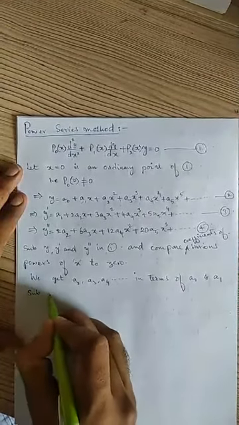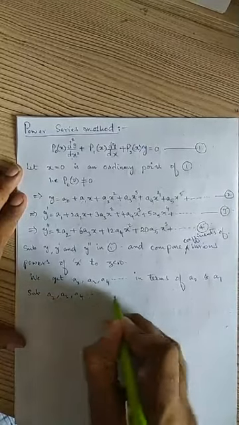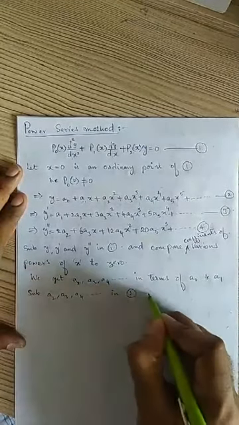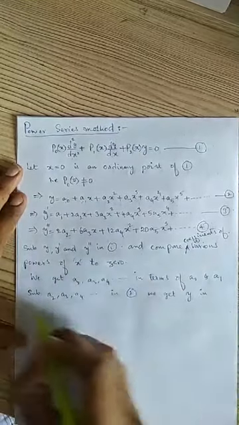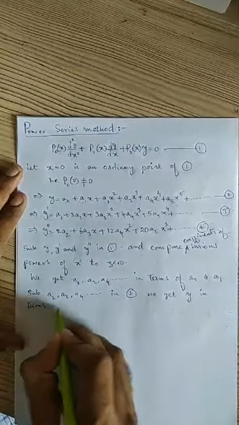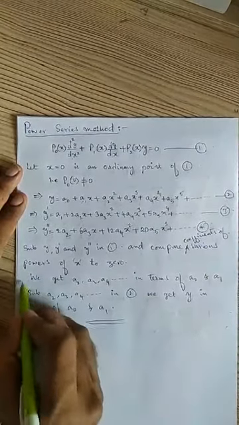Substituting a2, a3, a4 and so on into the series, we get y in terms of a0 and a1. This is what the procedure is.